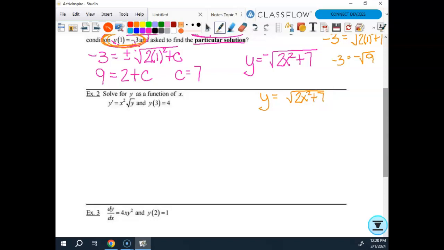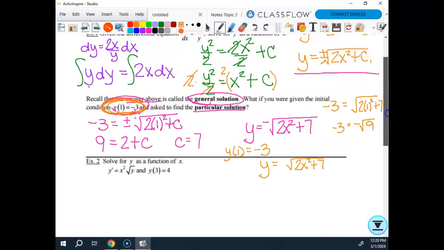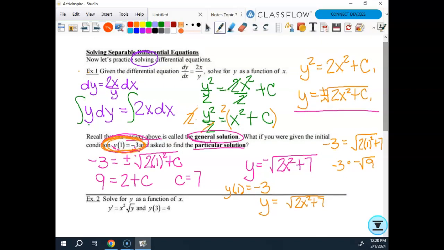When I substitute this in, it all comes back to this y of 1 equals -3. Now remember, there's a difference with your square roots. Here, we had to put plus or minus because we introduced the square root into solving it, yes? If it's already in the equation, like if I just said y equals the square root of 2x plus 3, then that is my equation. I don't put a plus or minus in it when I substitute stuff in, right? We good on that? Okay.